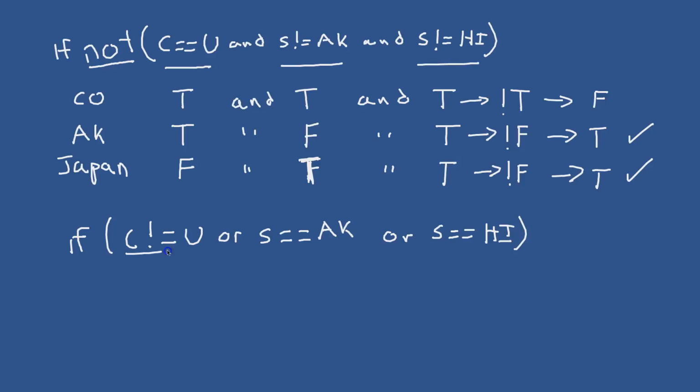So again, we're going to consider our three logical expressions, and then we're going to combine them all together. And we're going to use our same test cases of Colorado, Alaska, and Japan. Okay, is the country not equal to the United States?